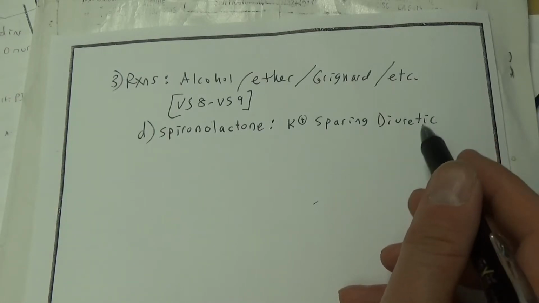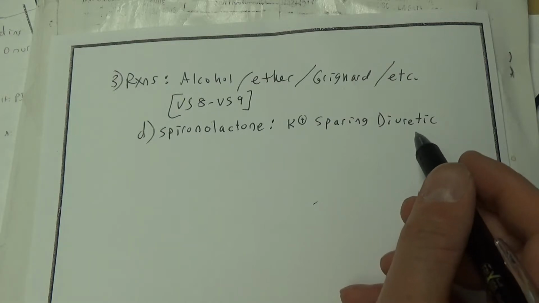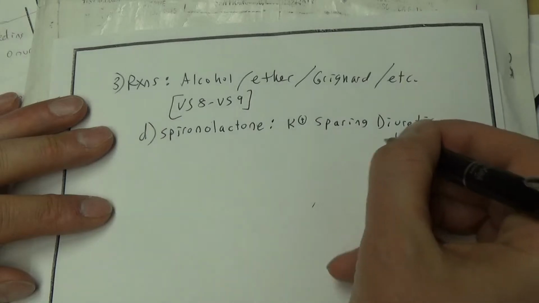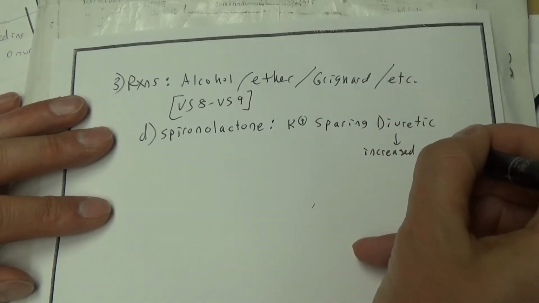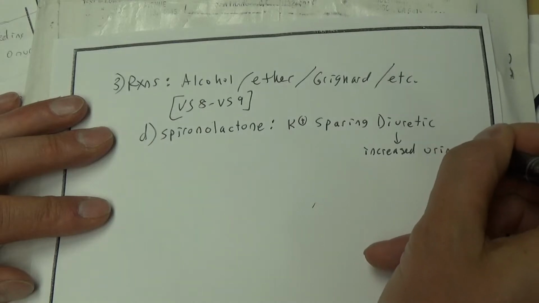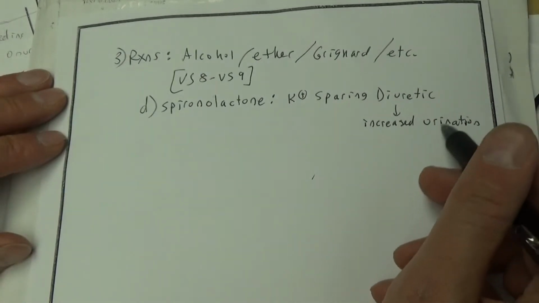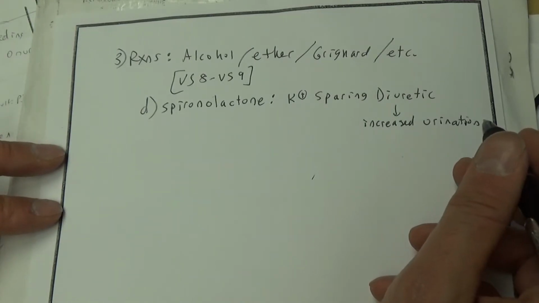They cause increased excretion of fluid, so usually increased urination. So why would that be useful? In general, there's definitely a lot of diseases where you have fluid buildup, and you want to increase urination, and that helps treat the disease.